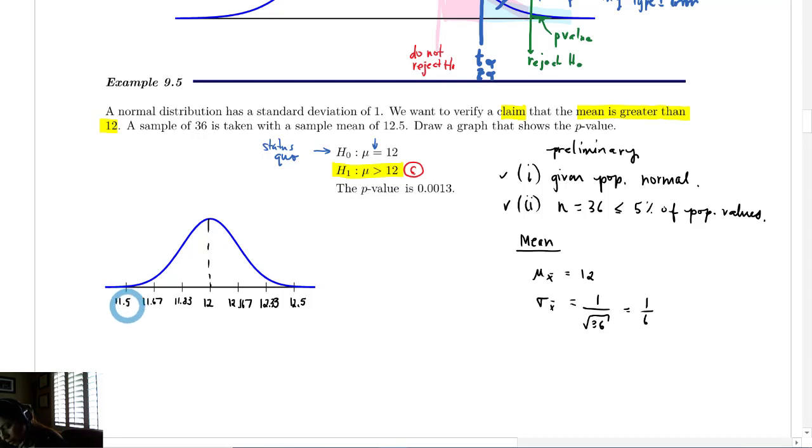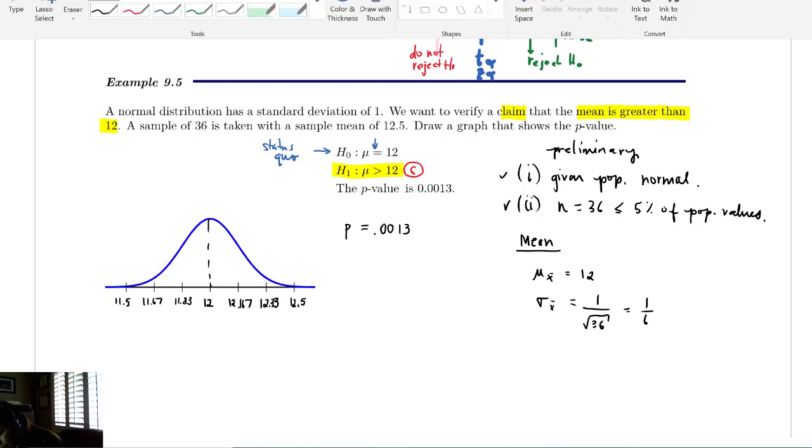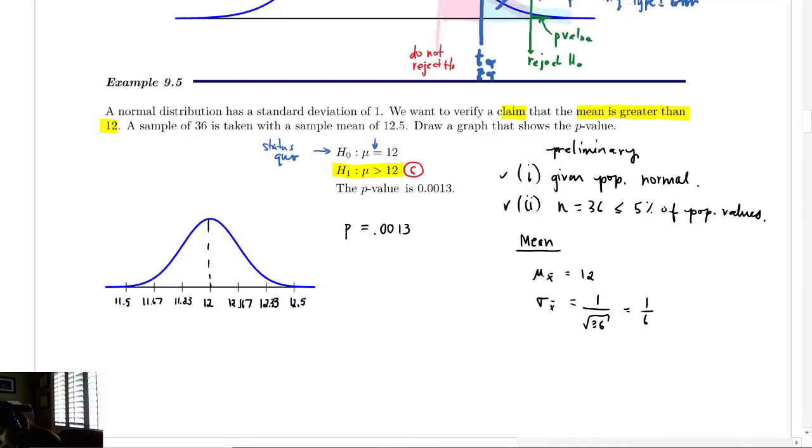So you'll label there, and then a p-value of 0.0013, that's really small, right? Because we know this tail here is like 0.5%. So here, let me go ahead and try to mark it in red. 0.0013.